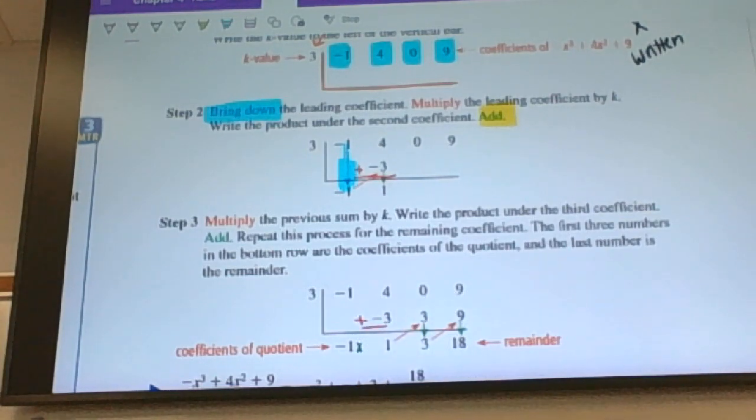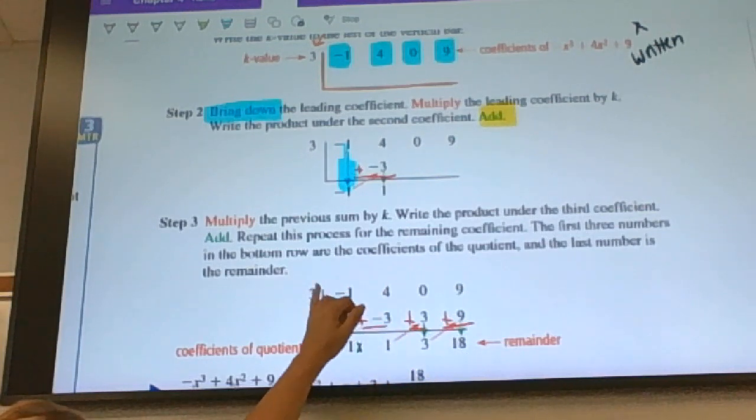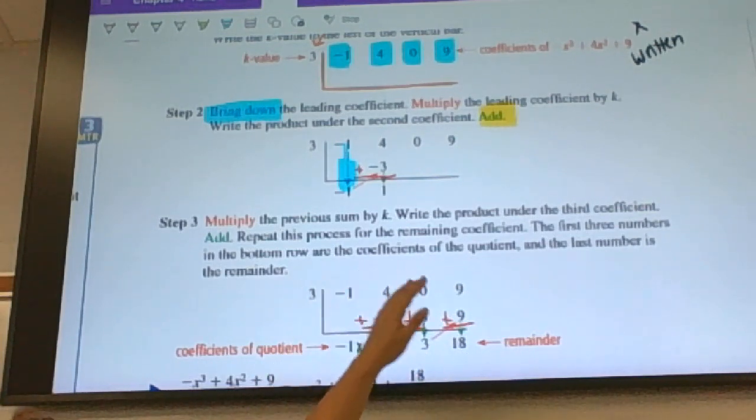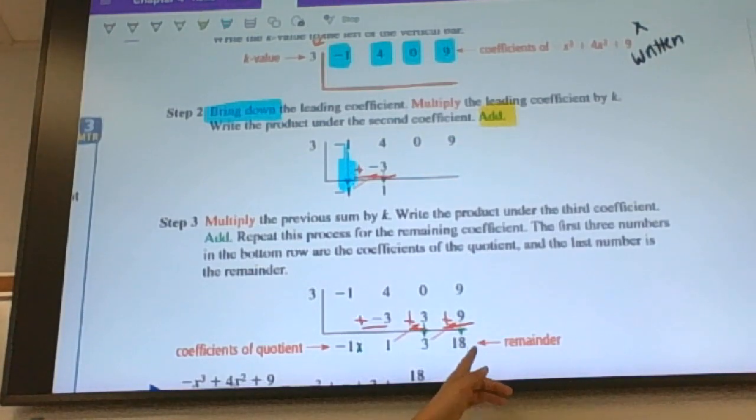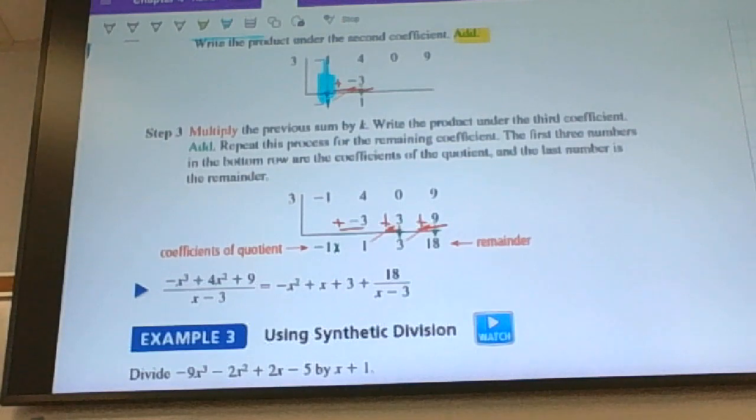I got plus signs all the way through here. 0 plus 3 is 3. 3 times 3 is 9. 9 plus 9 is 18. The last number listed is the remainder. So we're multiplying, adding, multiplying, adding, multiplying, adding. And when you're done, you have a remainder. It is cool.